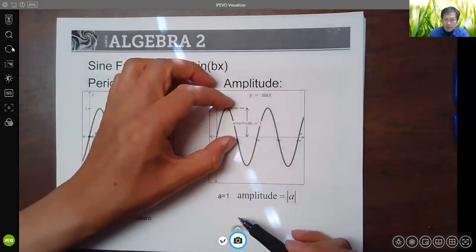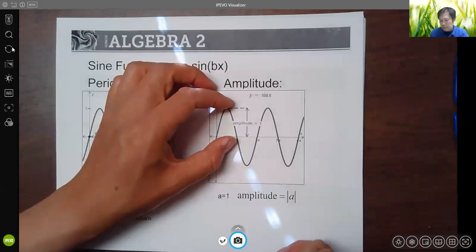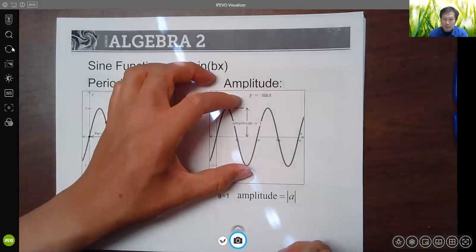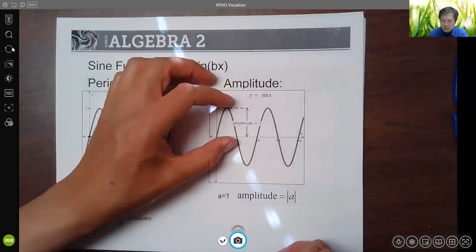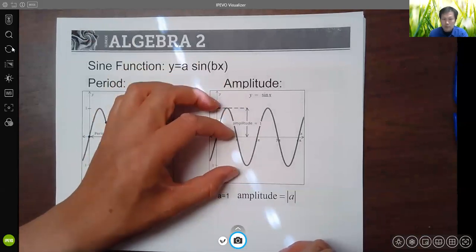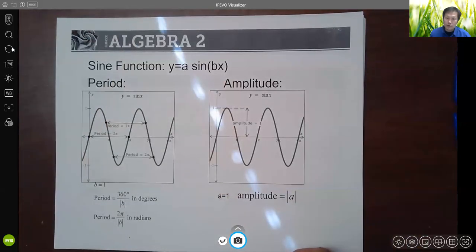That thickness, we call amplitude. So don't get confused. Amplitude is not from minimum to maximum. That's not amplitude. Middle to maximum or middle to minimum, that thickness we call amplitude.